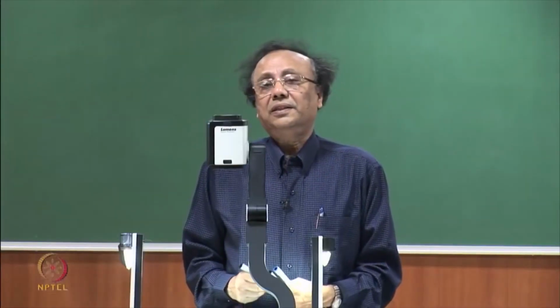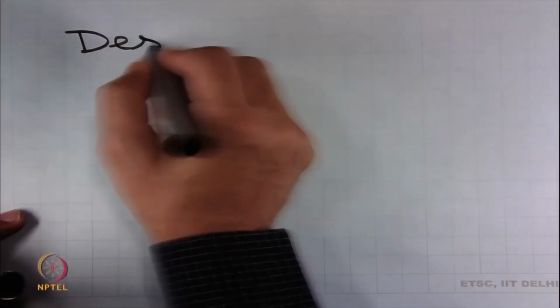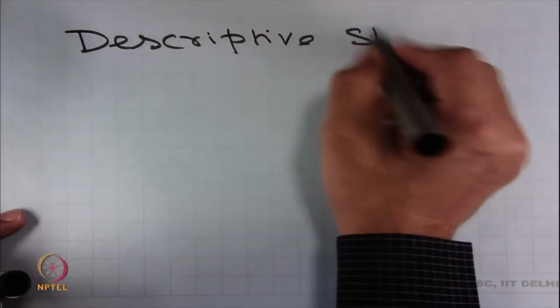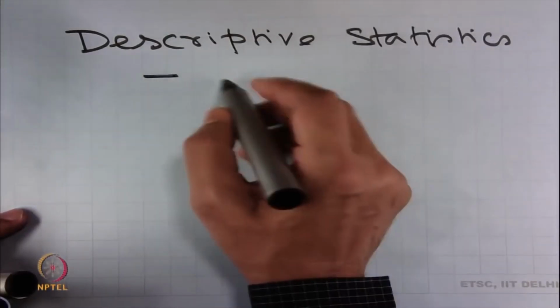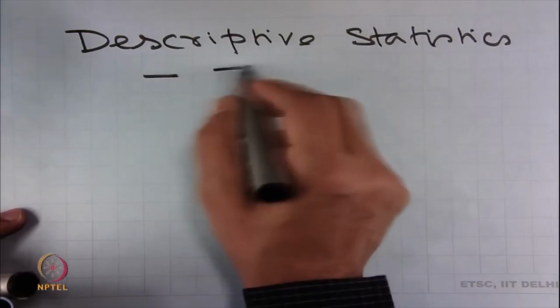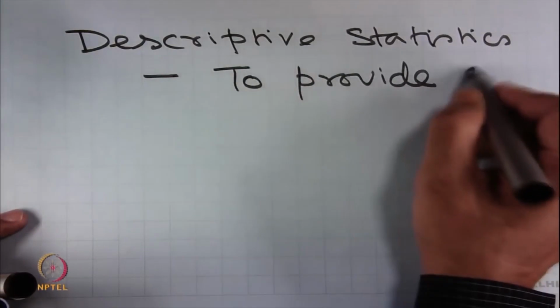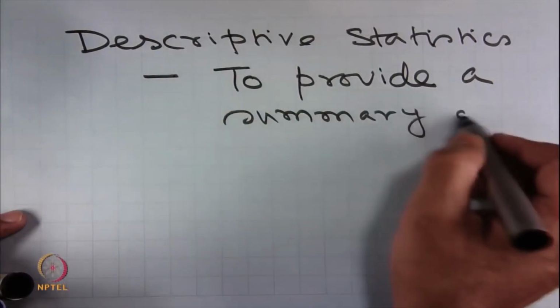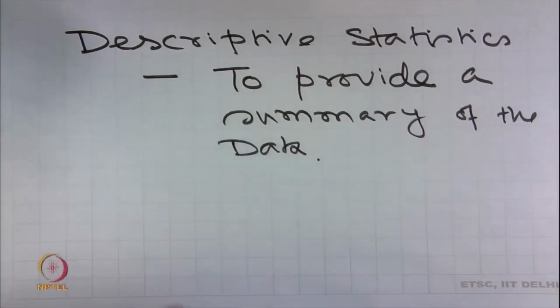Now, statistics essentially has two parts. One is descriptive statistics, which is basically to provide a summary of the data. I am not going to discuss descriptive statistics.